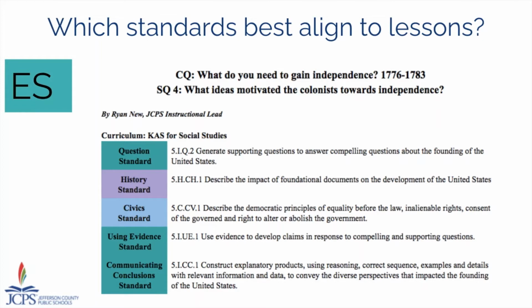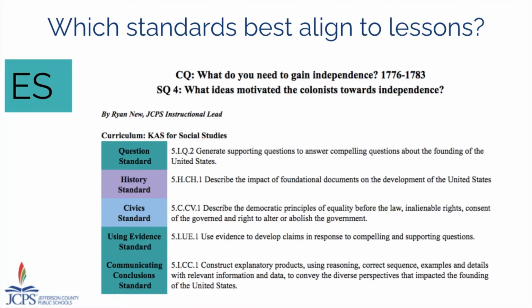You can see that we've already got a supporting question and that we can do things instructionally that allow students to ask more questions about what's going on with these ideas. When it comes to the history standard, you can see how the foundational documents that developed the United States will be placed and used as evidence to help students develop claims.